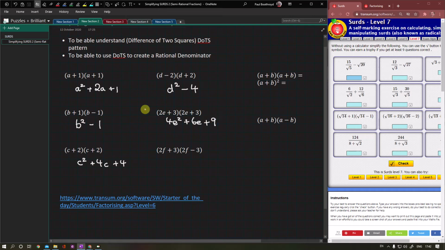And this one down here is 2f times 2f is 4f squared, minus 6f, plus 6f, nothing. 3 minus 3 gives me minus 9.